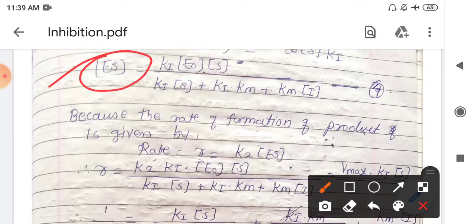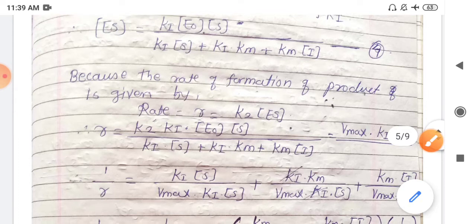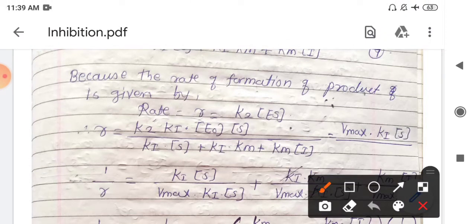Because the formation of the product depends upon the concentration of this ES complex, the overall rate of reaction depends on it. So the rate of reaction is K2 into ES.